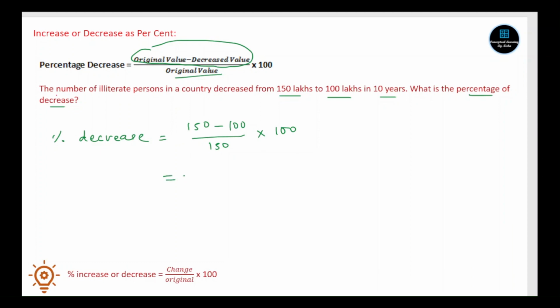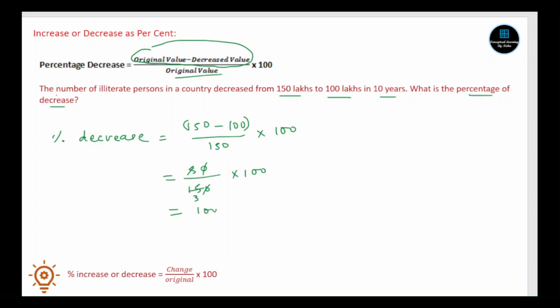Simplify this, okay? See, a very common mistake: students are cancelling 150 and 150. That's wrong. Don't ever do it. Okay? First of all, you have to subtract 150 minus 100. So you'll get 50 upon 150 into 100. While simplifying this, what do we get? 0, 0 cancelled out. 1 and 3.